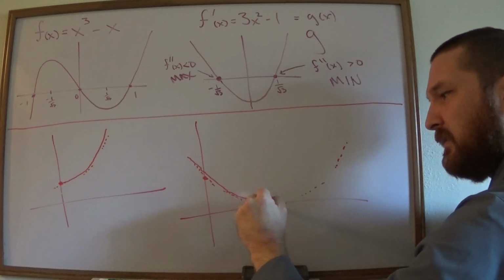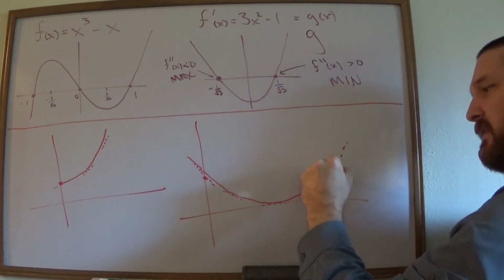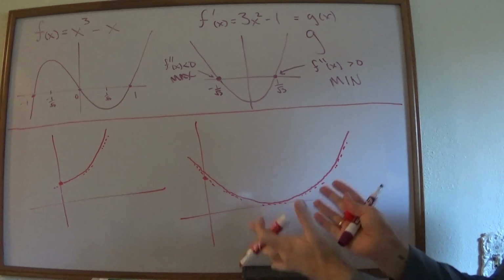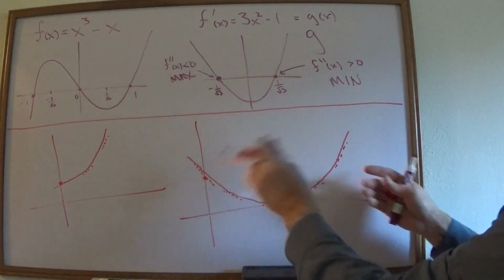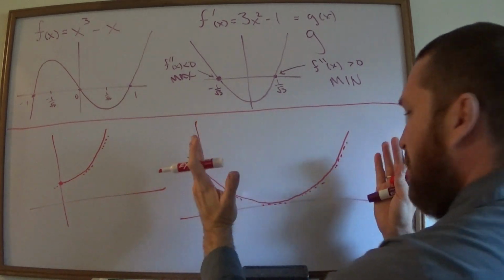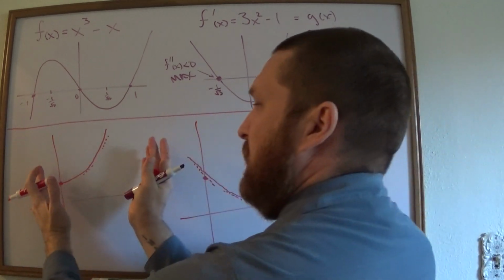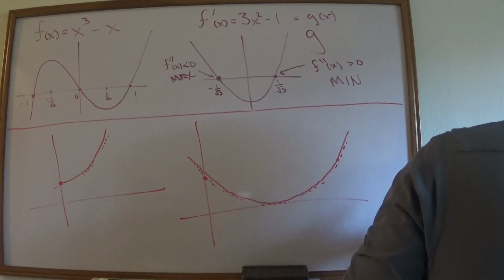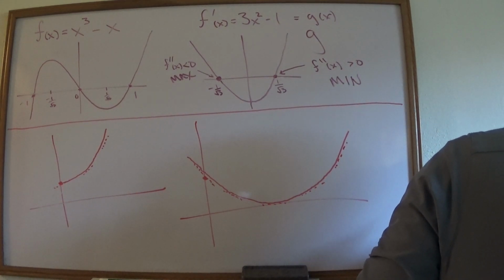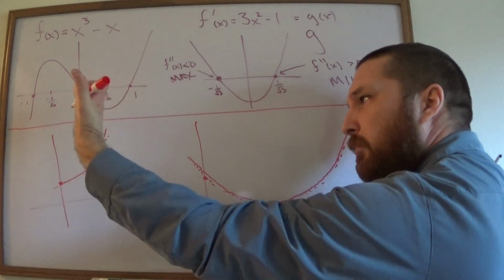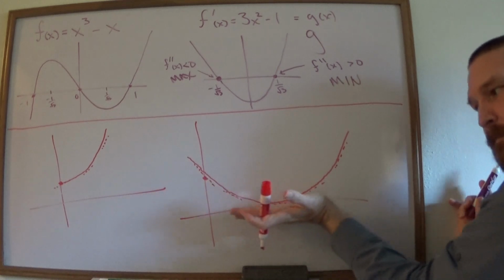Okay, so now look at this property that such a thing has. A function who, on some interval, maybe it doesn't do this forever, maybe this is like sine and it changes as we go, but we're just talking about this interval right here, or this interval right here. All of its tangent lines are below the curve.